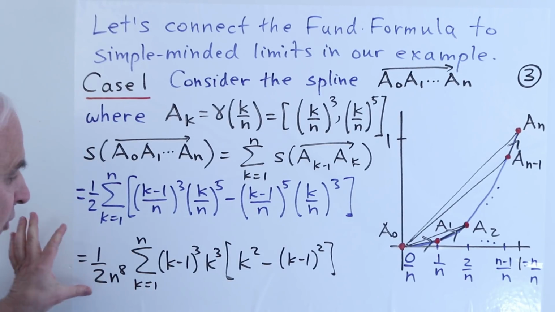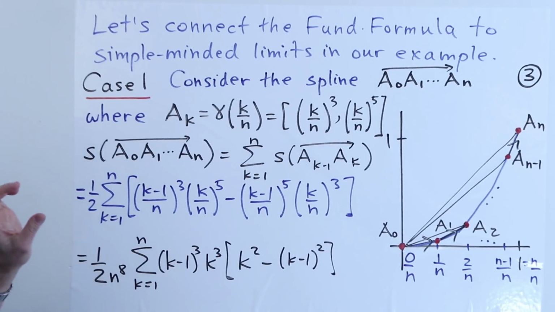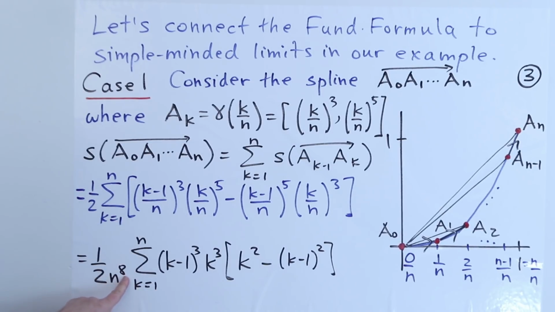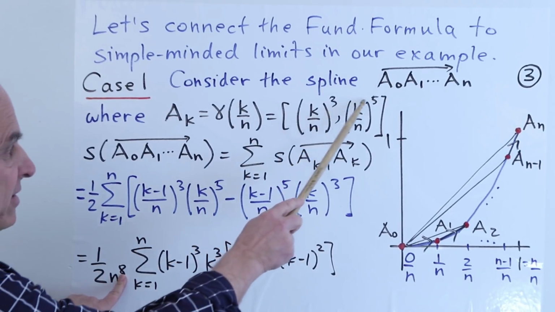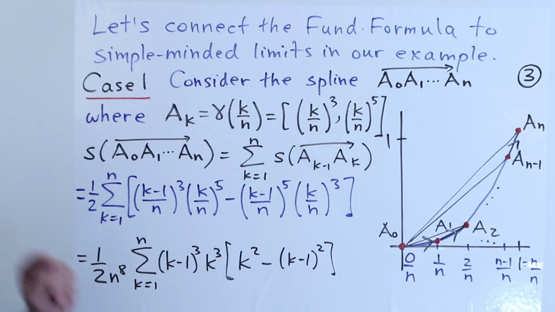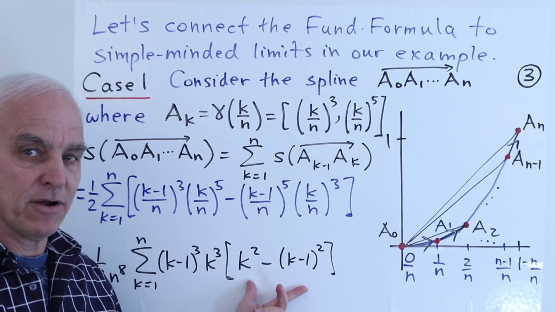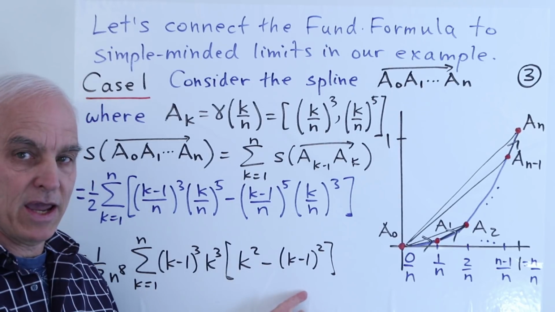Okay, so before we go on, I just want to point out the significance of two of the numbers here. So first of all, this 8 that's appearing. That 8 is really the sum of 3 and 5, because there was an n cubed here and n to the 5th, so that was the total of 8. And the other number that I want you to keep in mind is the coefficient of k here, the 2k.